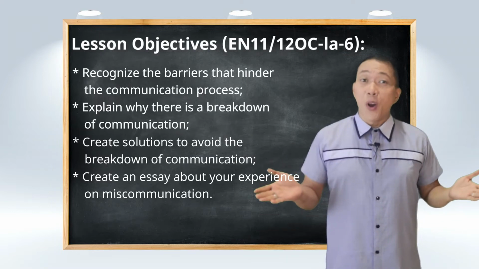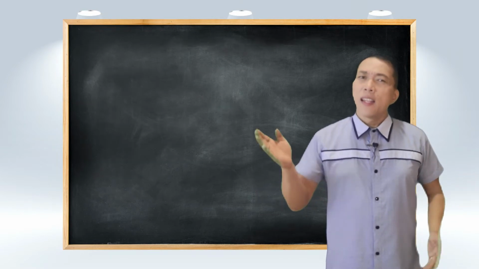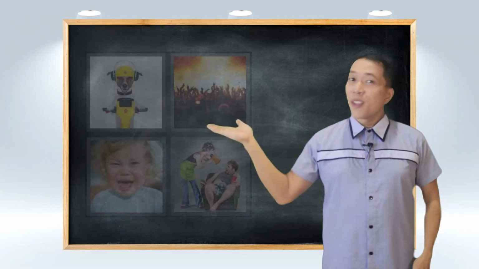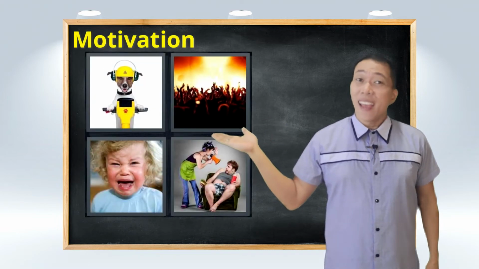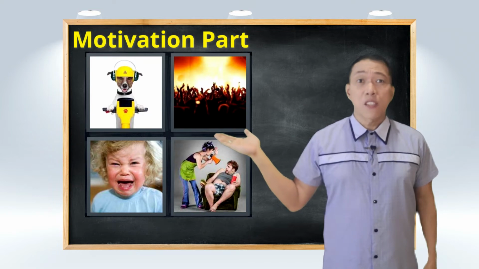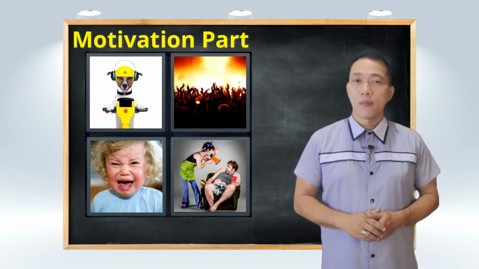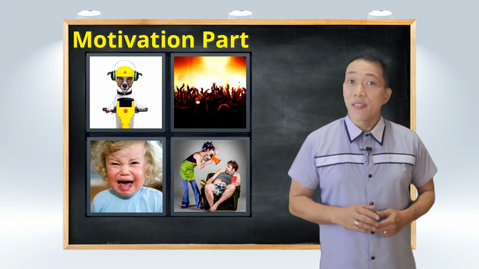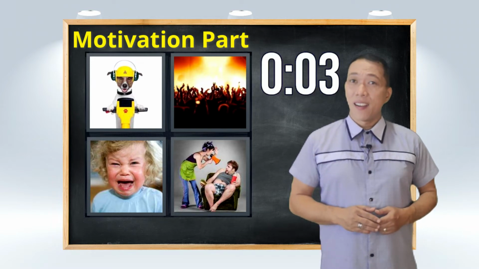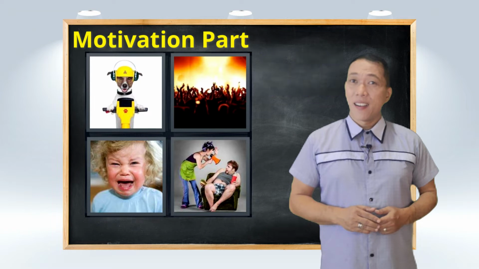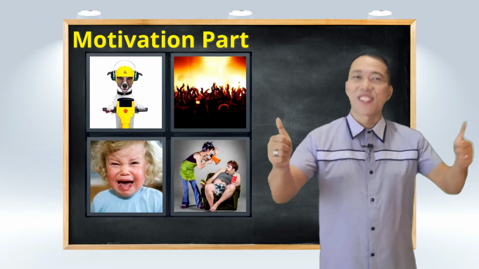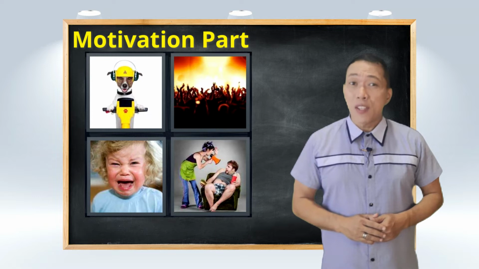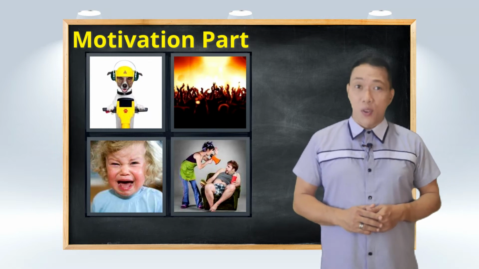And now that we know our objectives for today, let me show you these four pictures, one word, and let's try to guess what these four pictures are referring to. So, dear learners, what do you think these are? Excellent! These are all pictures that show different kinds of noise.